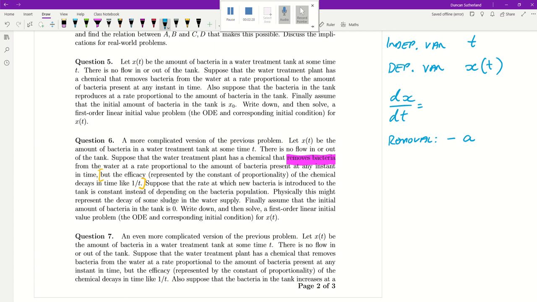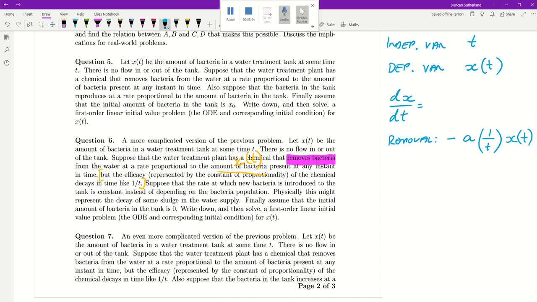It's the term that multiplies this x of t, the amount of bacteria. Remember that this is just amount. Every time you see amount of bacteria, that's an x of t. This a term decays like 1 on t, so that becomes an a on t, or alternatively, it's an a times 1 over t times x of t. Right, so that's what our removal term looks like.